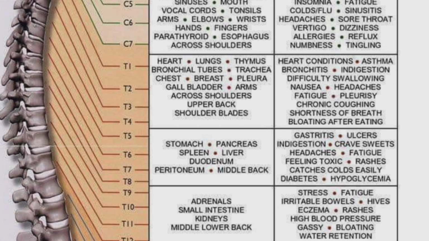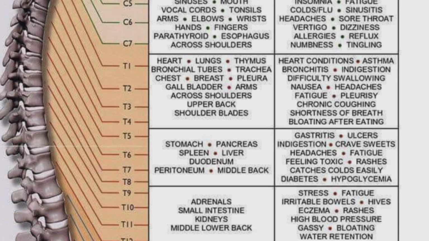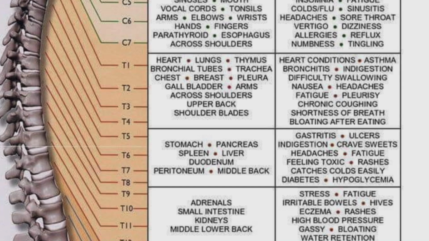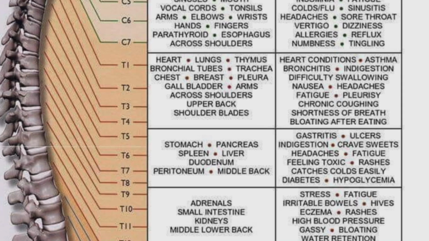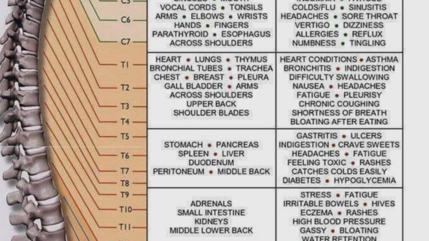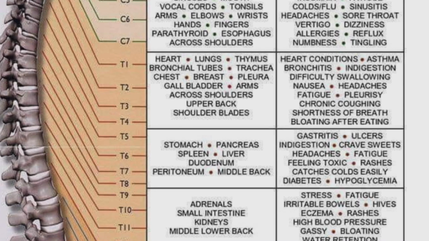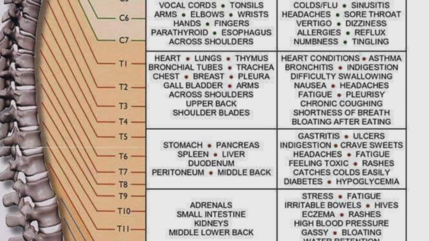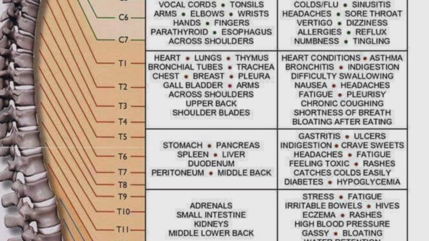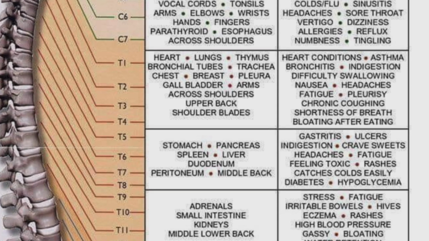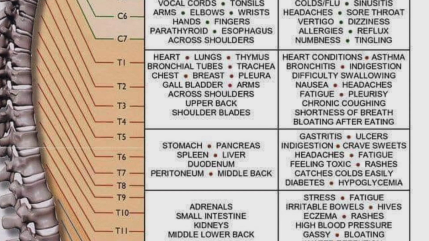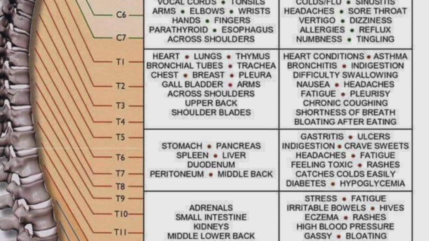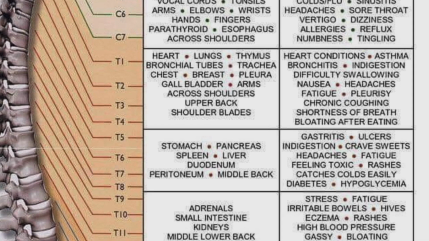Possible symptoms that you're having are heart conditions, asthma, bronchitis, indigestion, difficulty swallowing, nausea, headaches, fatigue, pleurisy, chronic coughing, shortness of breath, bloating after eating. So if you have a problem in one of these joints and one of your organs is being affected by this herniated disc or whatever, you might have some of these symptoms, and these are the symptoms that you want to look at if you're going to file a secondary service connection claim.